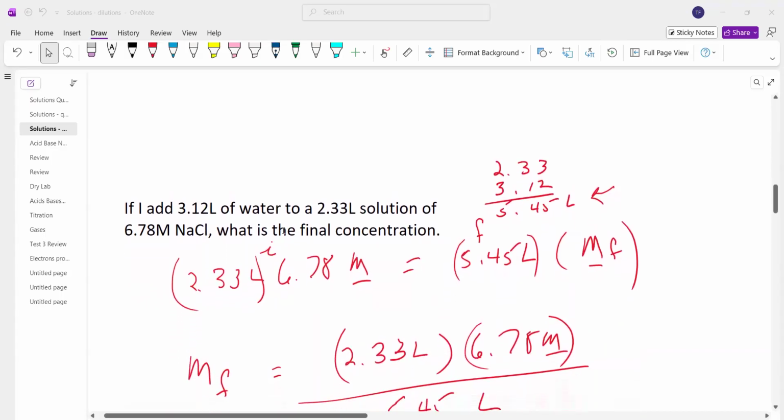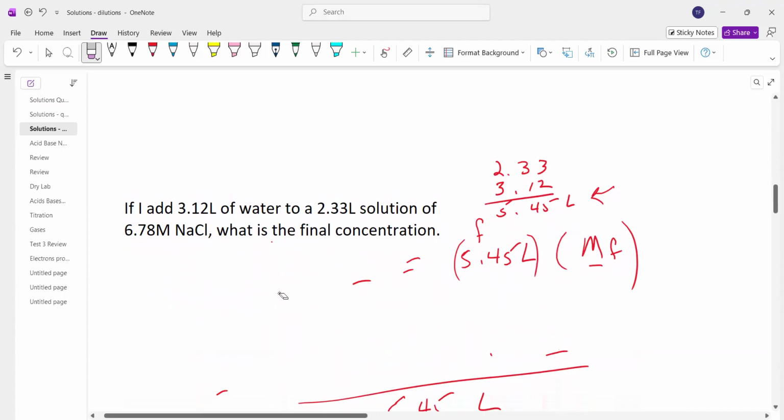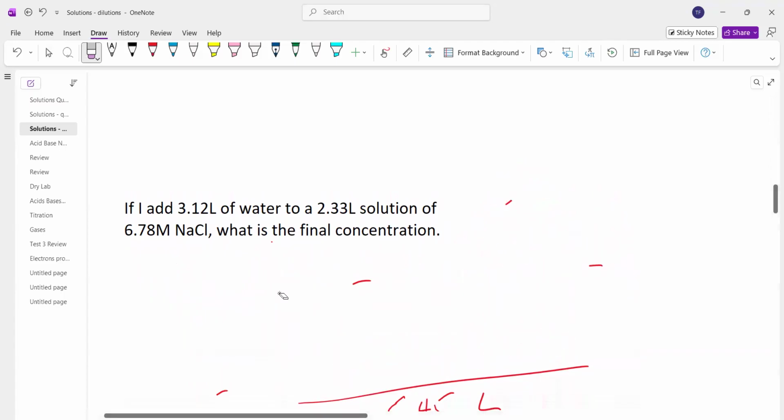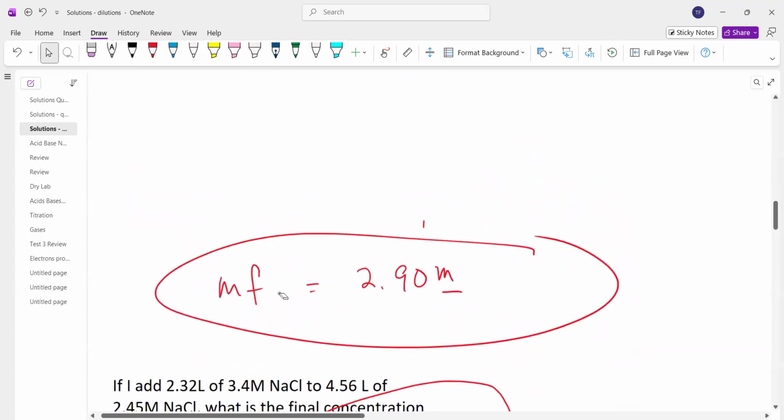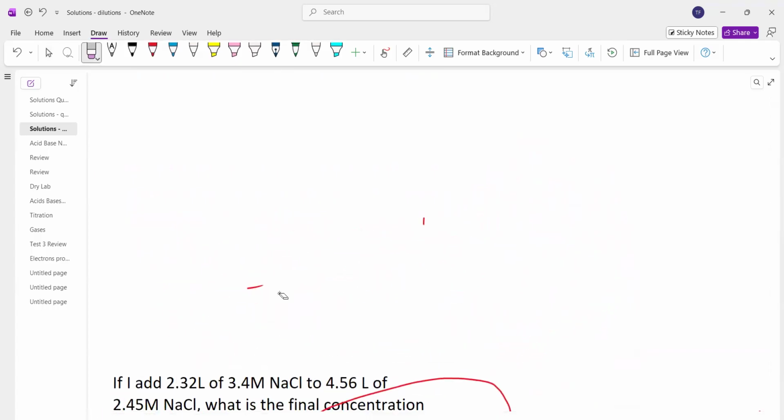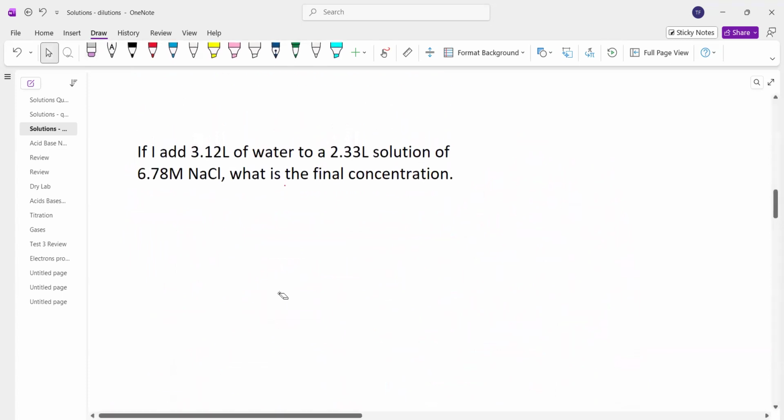Okay, this is a slightly different version. Okay, here we have a certain concentration of sodium chloride, salt.